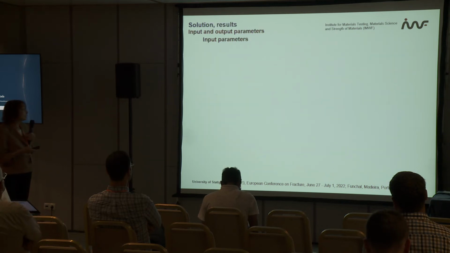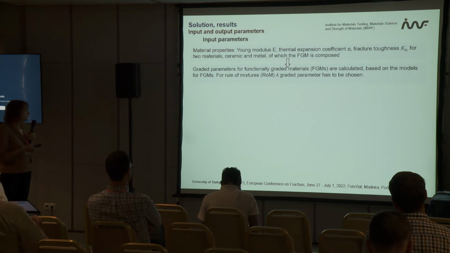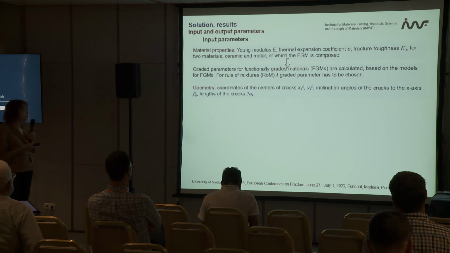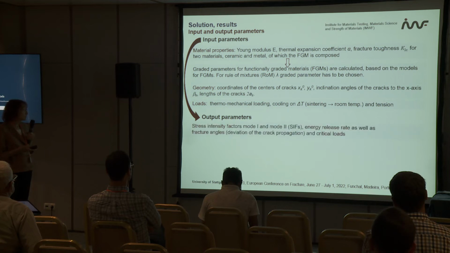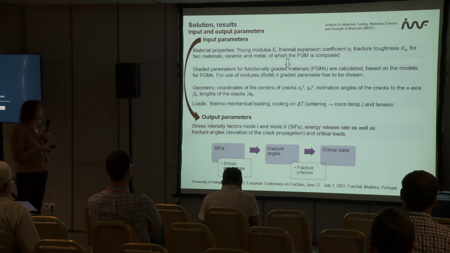So in the solution, the input parameters are the following: material properties we have to know, then we calculate graded parameters, the geometry, and loads. The output parameters are stress intensity factors, energy release rates, fracture angles, and critical loads. Here is a scheme of these calculations.